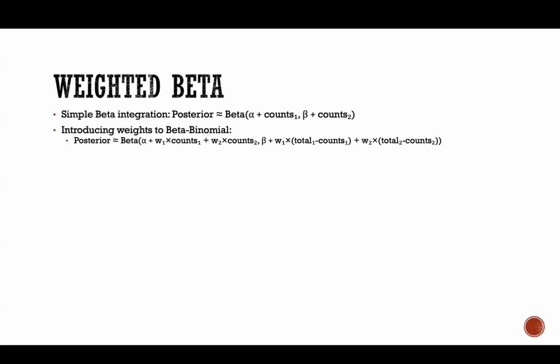If we want to add these to the weighted beta, it's not that tricky, but let's just see it. The simple beta integration has the posterior, which is more or less a beta with your prior alpha plus the counts of the first category, and your prior beta plus the counts of your second category.